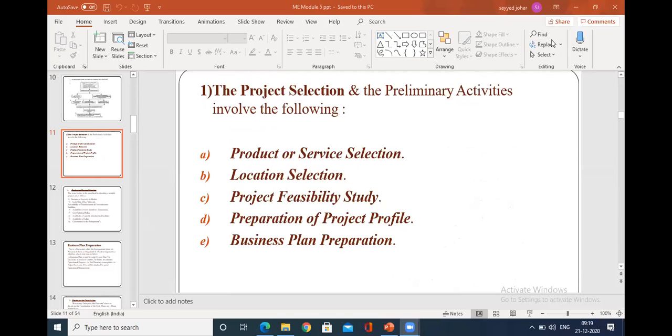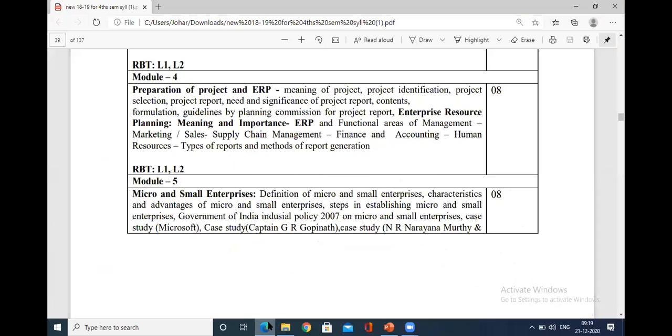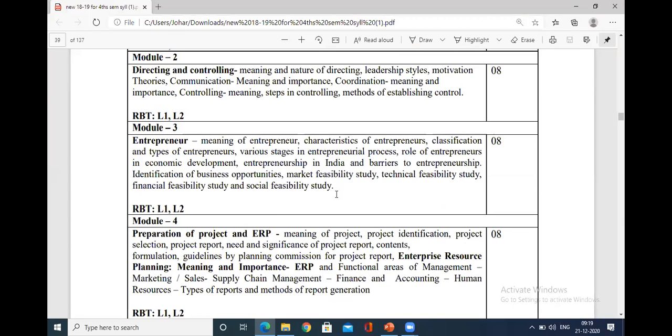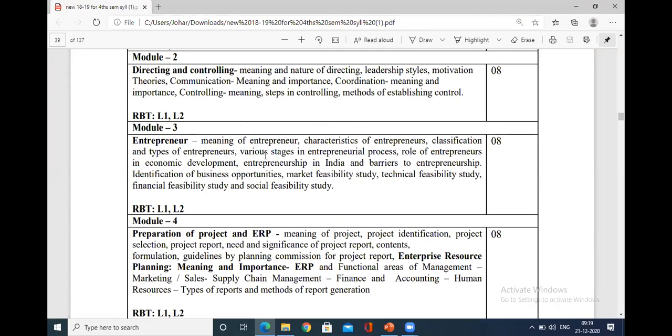So don't think in the way that project means what we have studied previously in this module, in the various stages of the entrepreneurial process. There we studied a word called project, which was quite different, related to an entrepreneur.